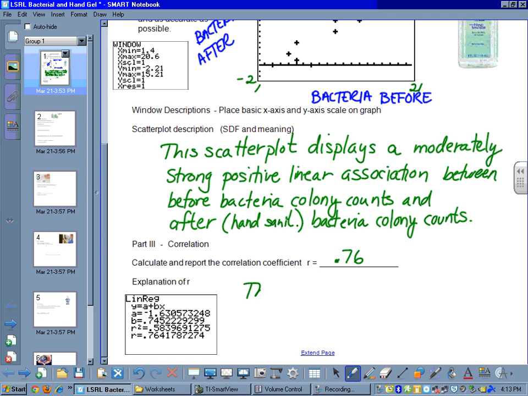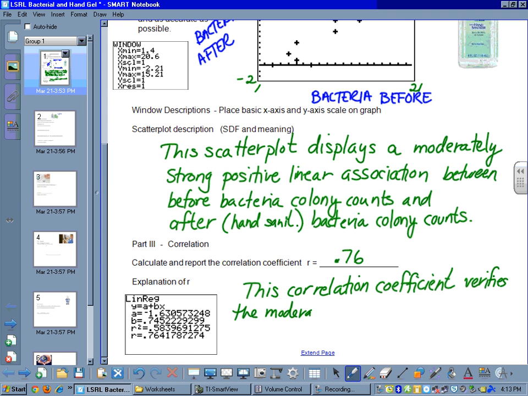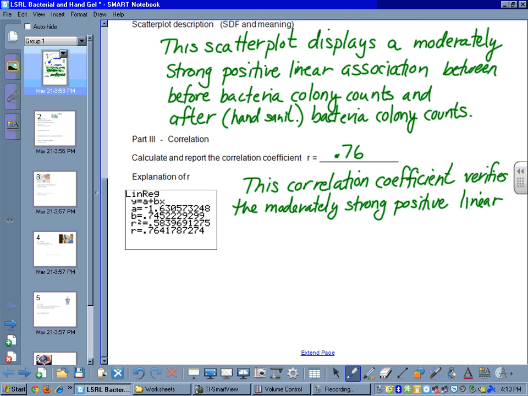And this correlation coefficient verifies the moderately strong positive linear association.